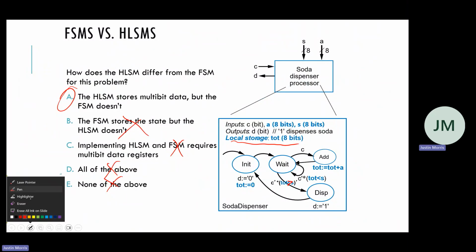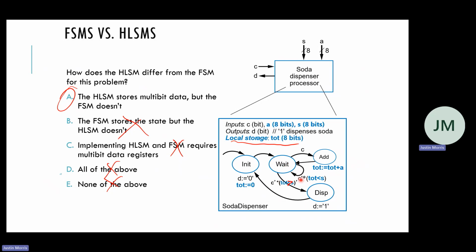Right, so if total is greater than S and we don't receive any coin, then we should go to the dispense state. And in the dispense state, we output that dispense is 1, right? Because the customer has put in enough money to buy a soda. And after we dispense, we go back to init to reset dispense, reset total, go to wait for the next customer, right?